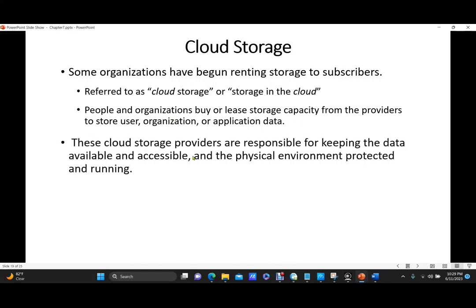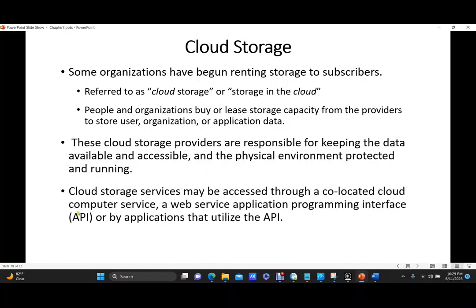The cloud storage providers then are responsible for keeping the data available and accessible, and keeping it protected and running. Cloud storage services can be accessed through a cloud computer service or web service application programming interface, API, or applications that utilize such an API.